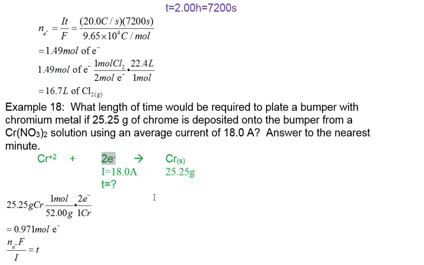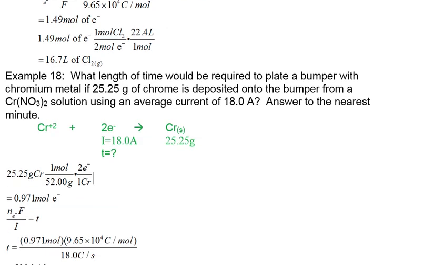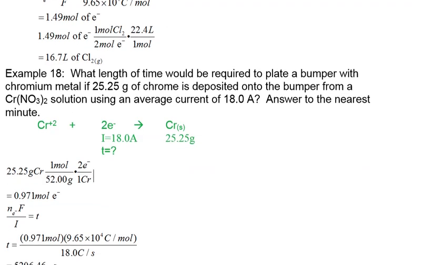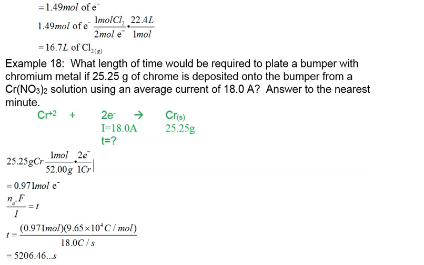And again, for those steps we could be looking at our dimensional analysis. So we're at moles of electron. Faraday's constant is coulombs per mole, so that would cancel out our moles, leave us with coulombs. And current is coulombs per second, so if we flip that upside down, we end up dividing by current, and we get our units in seconds. As I mentioned, we often end up with some pretty high numbers, 5,206 seconds.